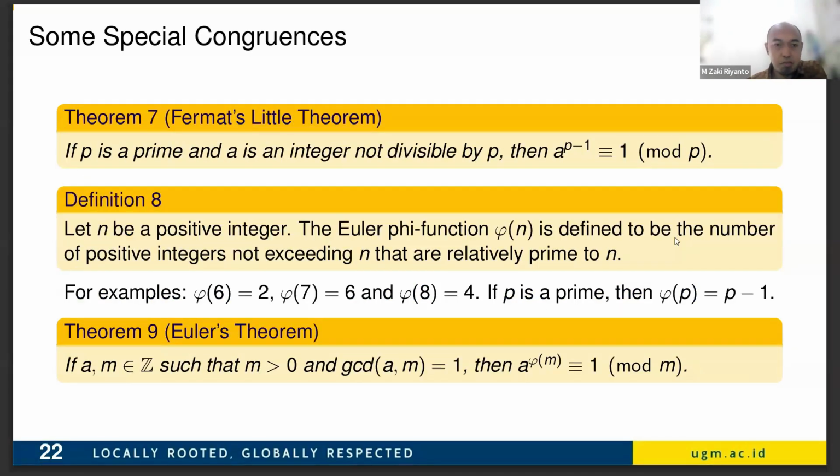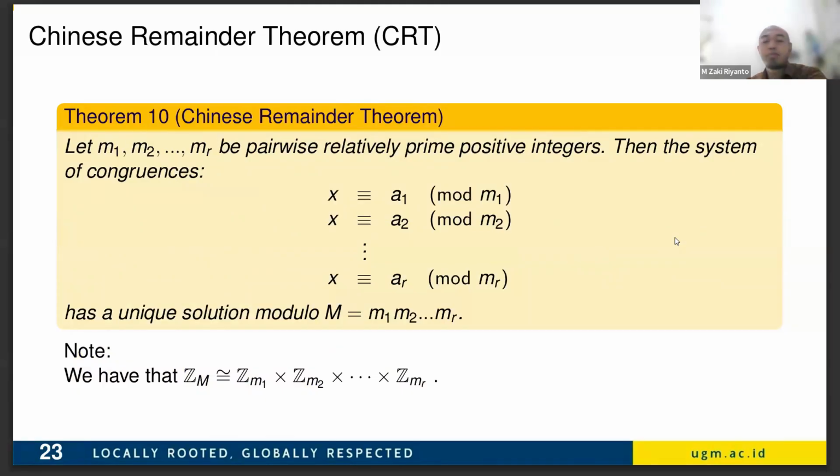And we also know about Fermat's little theorem and also the Euler phi function. And we also know Euler's theorem, which is very famous in number theory. And we also already know about the Chinese remainder theorem. And in ring theory, we also have the same theorem like this.